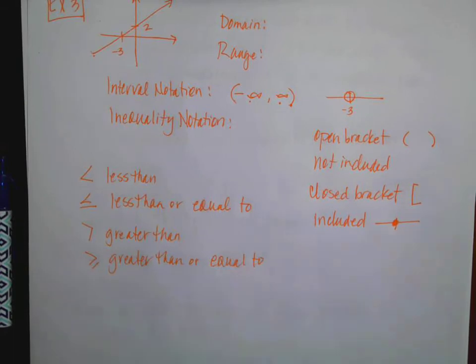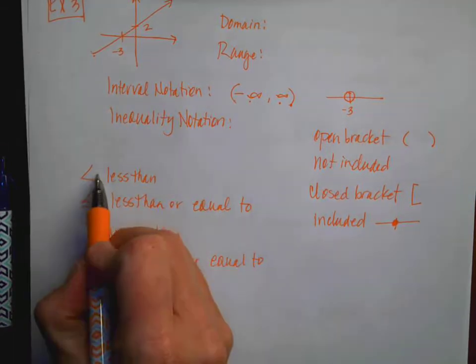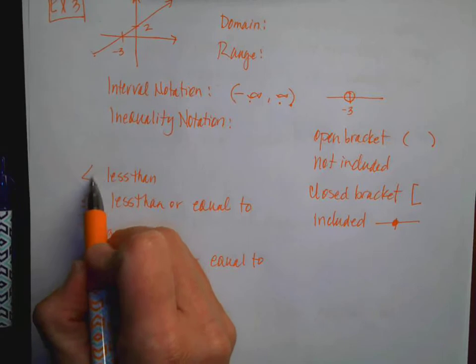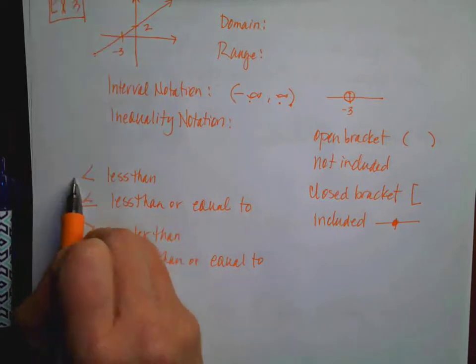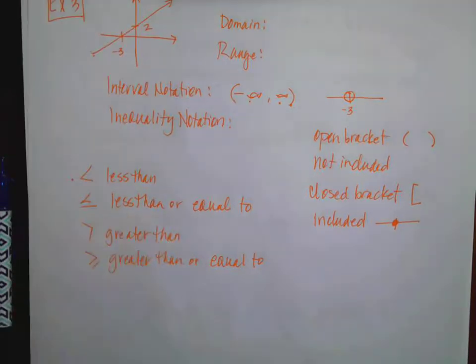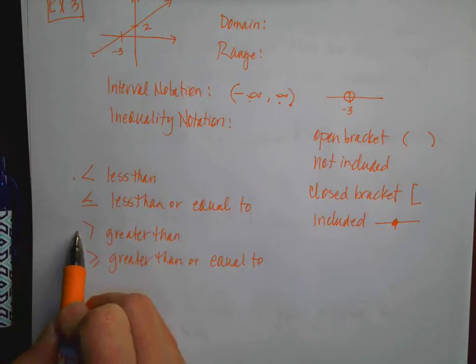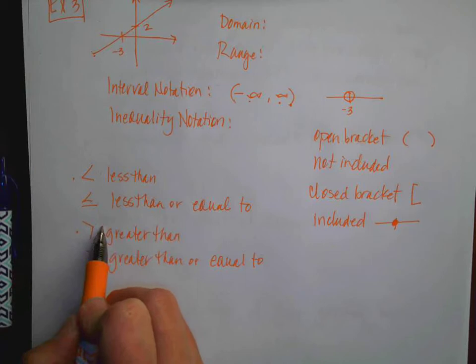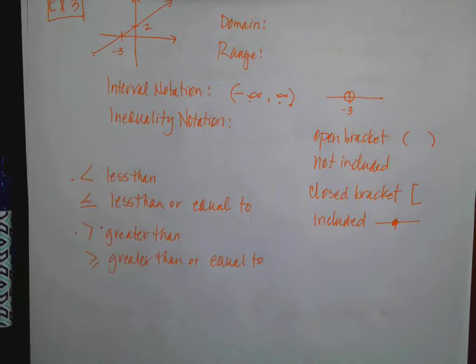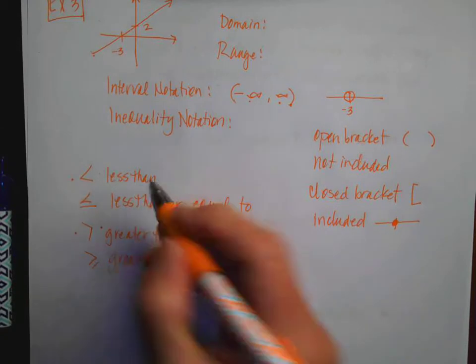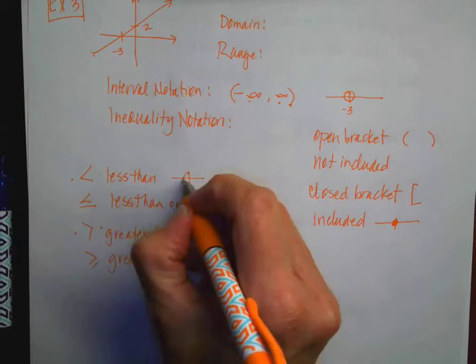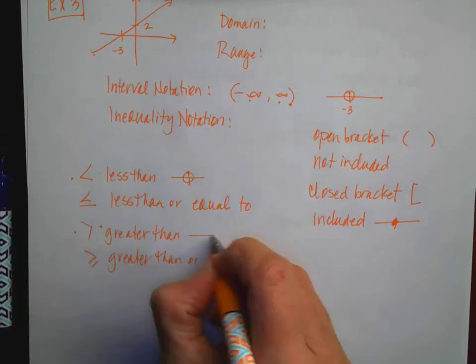One of the things that they teach you when you are younger is that the larger number goes on the big side, the small number goes on the little side. Again, the big number goes on the big side, the little number goes on the little side. Okay? All right. Less than would mean not included.